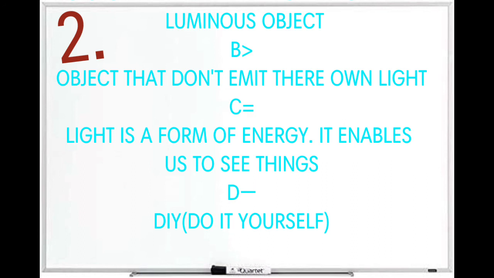Non-luminous objects cannot emit their own light but can reflect the light of luminous objects. C. What is light? Light is a form of energy which enables us to see things around us. Light makes things visible to us.